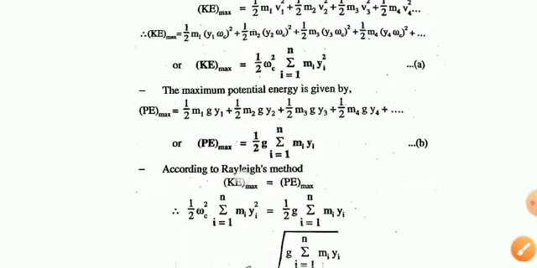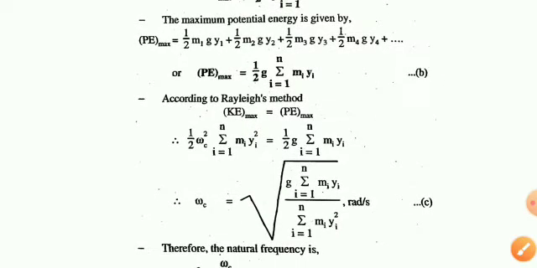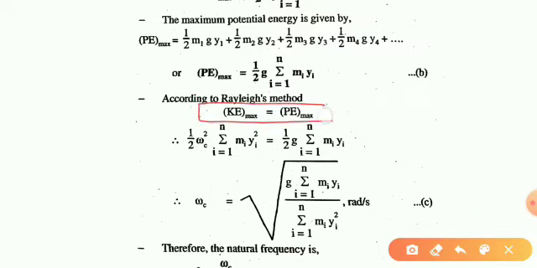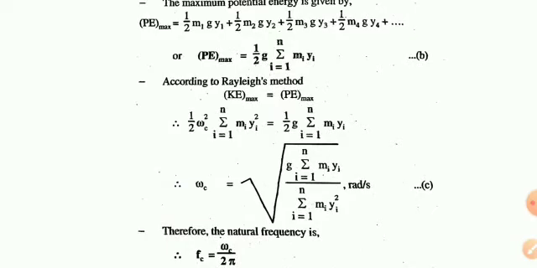But we know that according to Rayleigh's method, the maximum kinetic energy and potential energy are equal. So by comparing these two equations we will get omega c, the critical speed or natural frequency, the critical speed of the shaft omega c in radians per second.